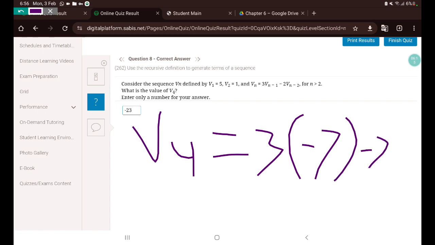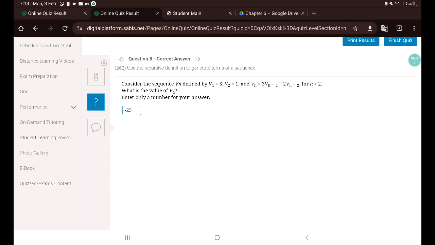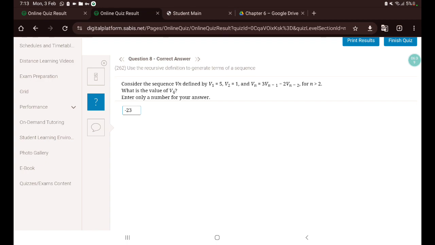You have to do minus 2 bracket v2, which is 1. Put the same thing in the calculator. As I said, after you put the numbers in the equation after doing shift log, you will get -23. Next question.